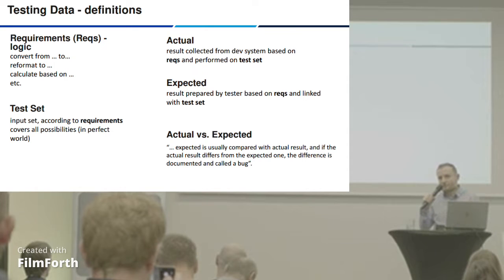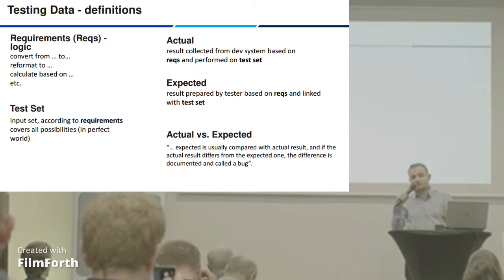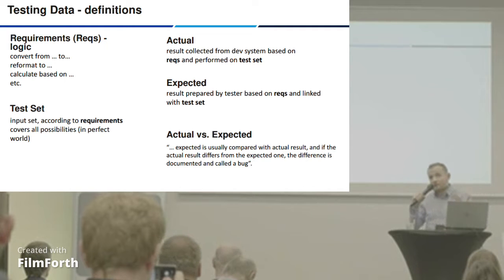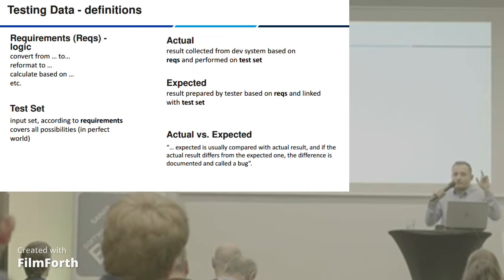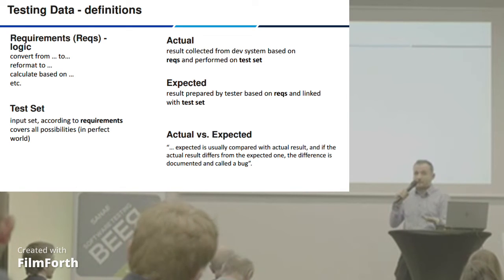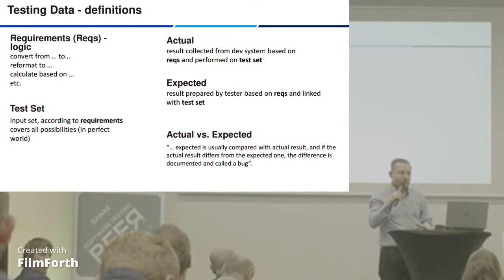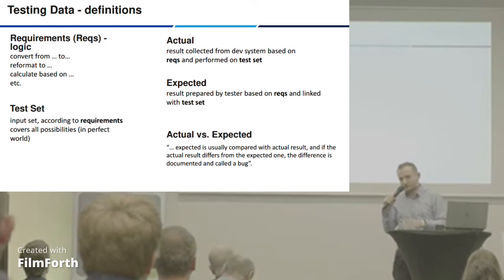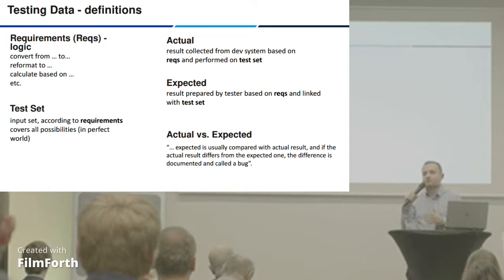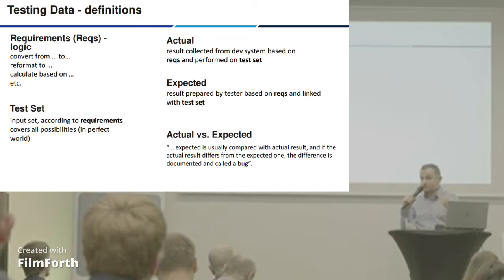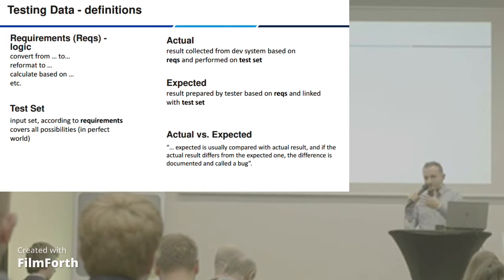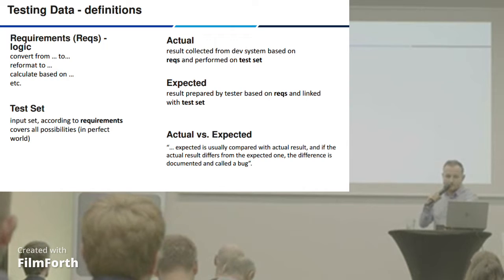We can reformat, for example, a date type to another format, right? We can calculate based on some algorithm from the source to the output. This kind of requirement I don't like. I like quasi-code requirements in that kind of format, because it's better for the developer and the tester to put into the dev system or test system. Okay, I will also mention it later.